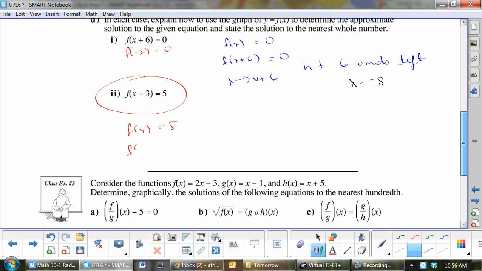So f of 23 equals 5. So the replacement is x got replaced with x minus 3. So that is a horizontal translation, 3 units. Which way? Right. So what is f of x minus 3 equals 5? What's x? It's 26.